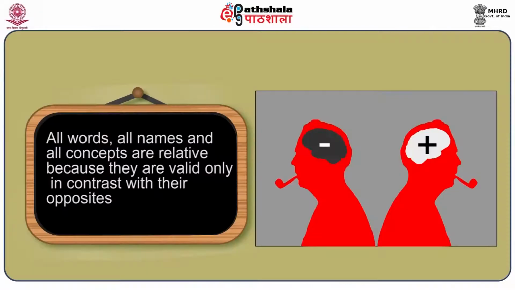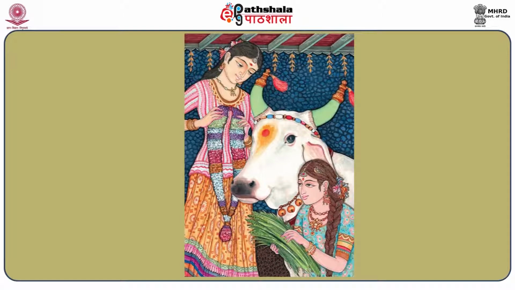All words, all names and all concepts are relative because they are valid only in contrast with their opposites. In other words, a word can explain merely negatively. It can explain its meaning merely by denying the opposite meaning. For instance, a cow means a not non-cow.